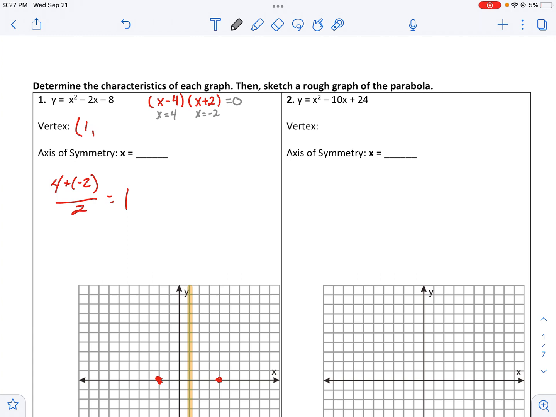Now to find the y-coordinate of my parabola's vertex, I need to take that 1 and substitute that back into the original equation. Now you could put the 1 in for x in the very first original equation, or I've found that it's a little bit easier if you put it in the factored form.